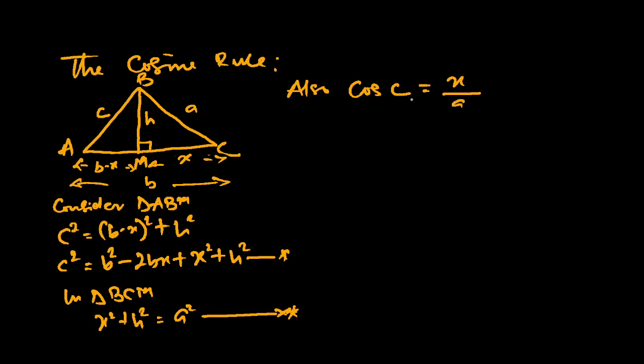If I cross multiply here, I will have that x is equal to a cos c. Can you get that right now? Let me call this one star, star. So use equation star, star to rewrite equation star.